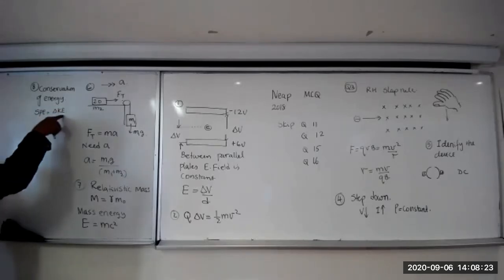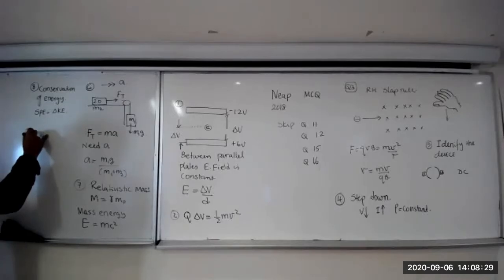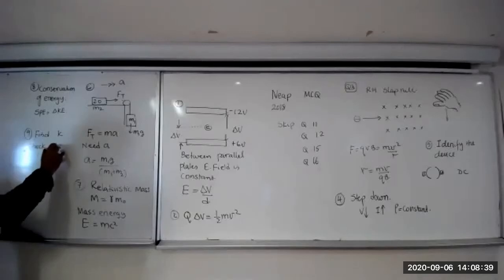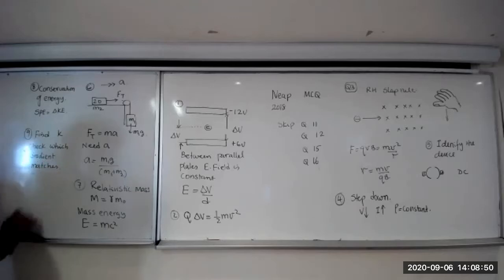If you can find the kinetic energy, that's the work done by the spring. Find the k value and check the gradient. Matches.